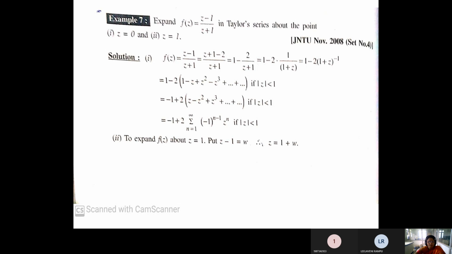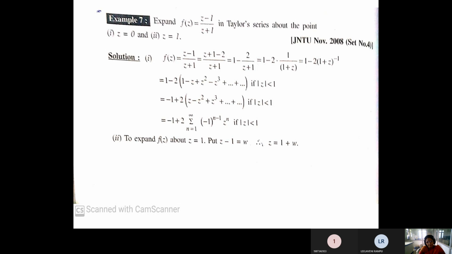Next one. Expand f of z equal to z minus 1 by z plus 1 in Taylor series about the point z equal to 0 and about the point z equal to 1. First, simplify the given function f of z equal to z minus 1 by z plus 1 by changing into partial fractions.